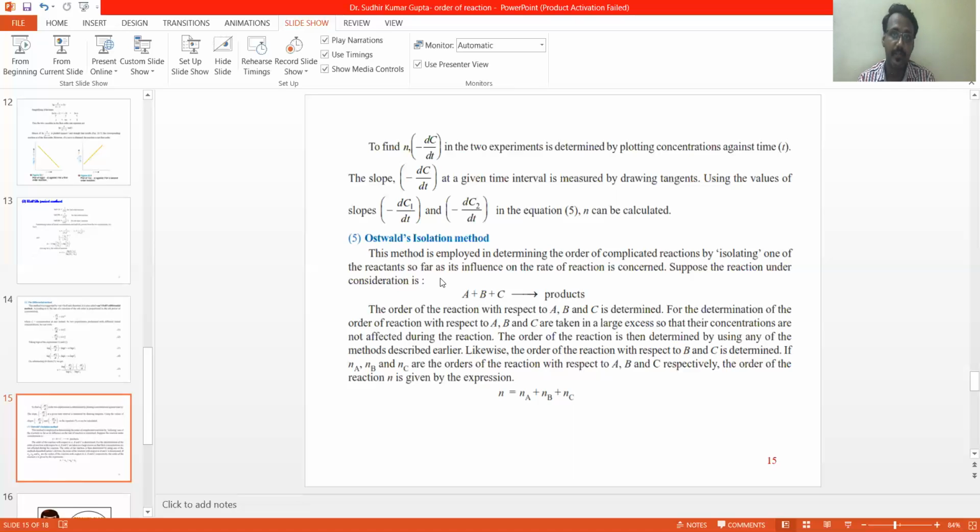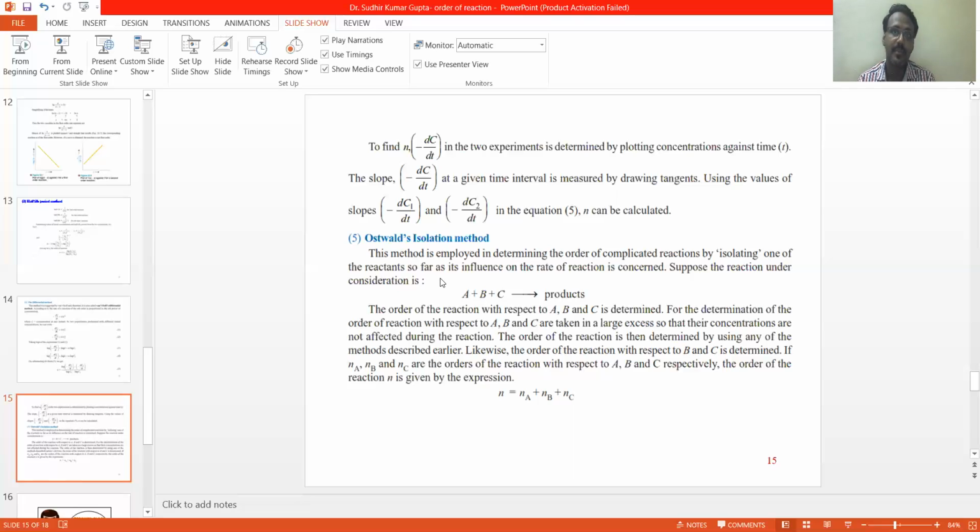So practically the rate of reaction will depend only upon the concentration of A. So it is a first order reaction with respect to A, or its order depends only upon the concentration of A. So we can get the order of the reaction with respect to A, whether it is first order, second order, third order.